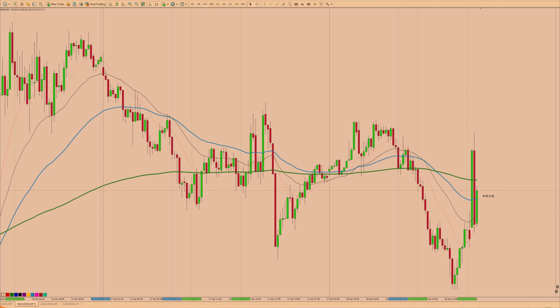So as you can see, price broke the moving average, came back in these 3 candles, price came back up, and then in the next candle it dropped. So we're looking at this leg.